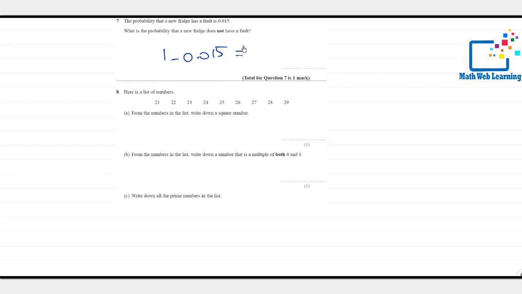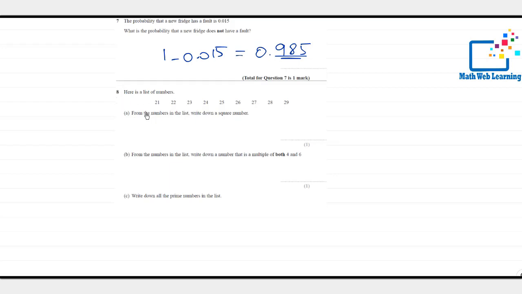Do that in the calculator: 1 minus 0.015, and the answer is 0.985. Give it as a decimal number. The calculator may give it to you as a fraction, so go ahead and press the S-D key or button.